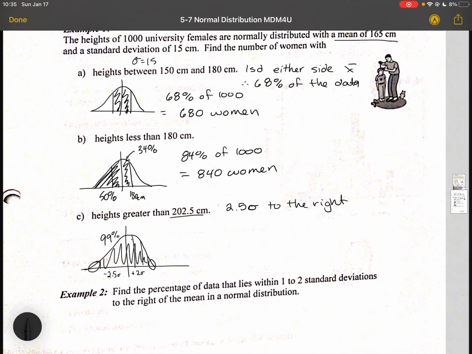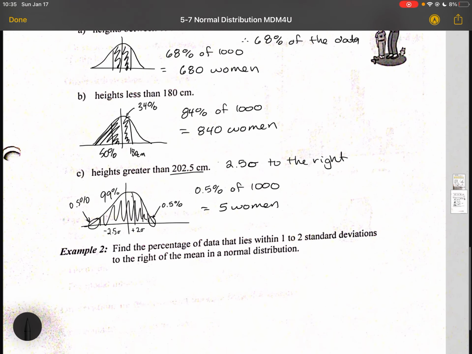That means that this plus this has to equal 1%. They are symmetric, so each piece there accounts for 0.5%. So that means that the number of women that have heights greater than 202.5 are only 0.5% of the sample of 1,000, which is only 5 women.